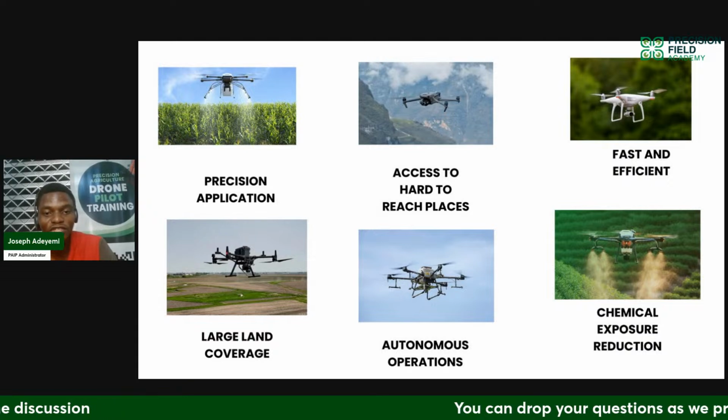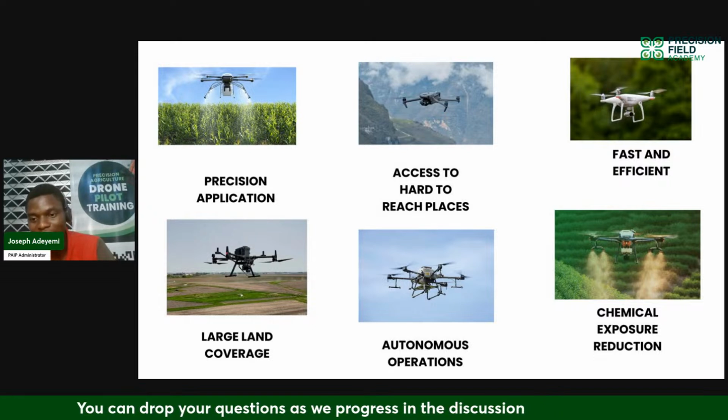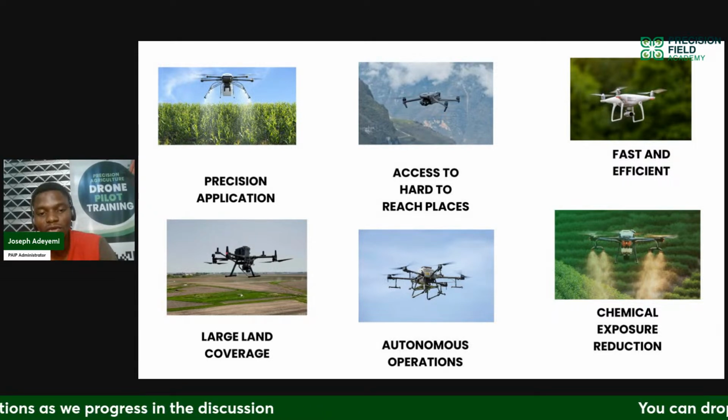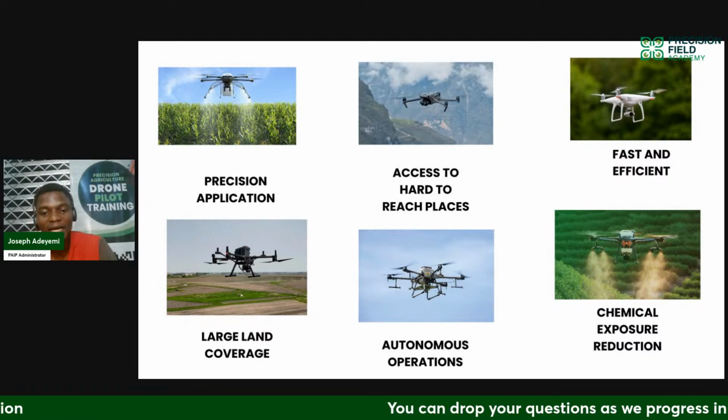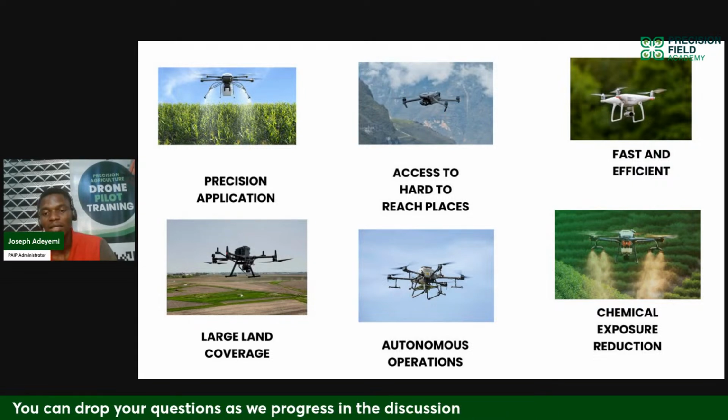But if you're using a drone, in just 10 minutes, you've achieved this work. So you can see the speed and how efficient it is compared to human labor. Drones could also give you access to large land coverage, so you could cover more expanse of land in less time.